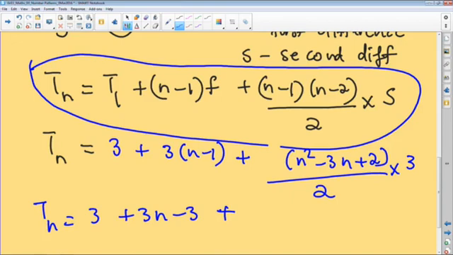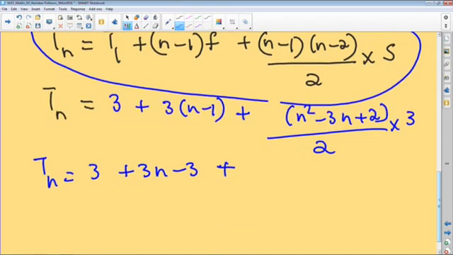Now let's simplify this. It's a fraction. So you've got 3 divided by 2 n squared, minus the 3 over 2 times that, you get minus 9 over 2 n, and then plus the 2 times 3, which is 6 divided by 2, that's a 3.